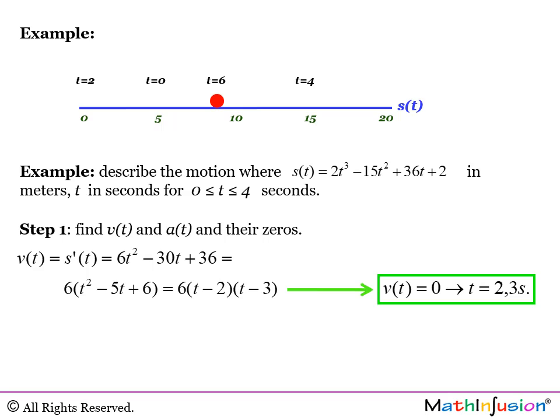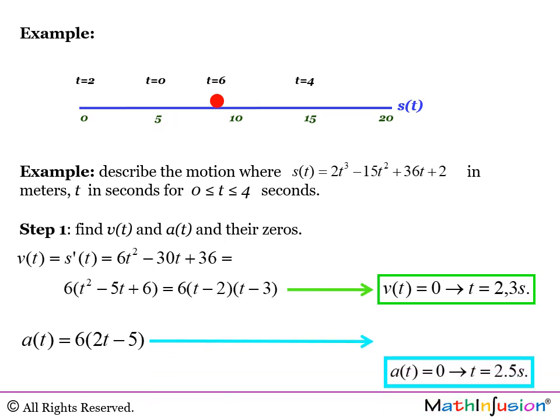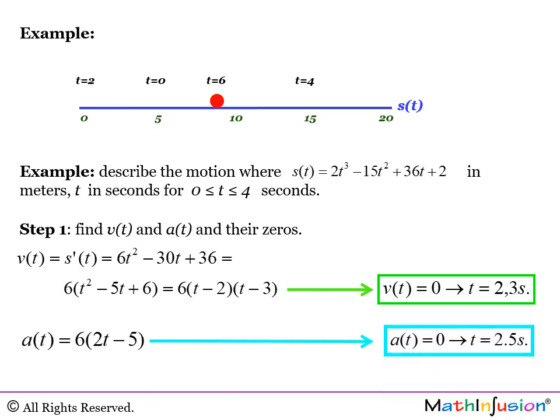I really care about the values for which the velocity is 0 between t equals 0 and 4, because I only care about describing the motion when t is greater than or equal to 0 and less than or equal to 4. The acceleration is 6 times 2t minus 5, and it is 0 when t equals 2.5 seconds.